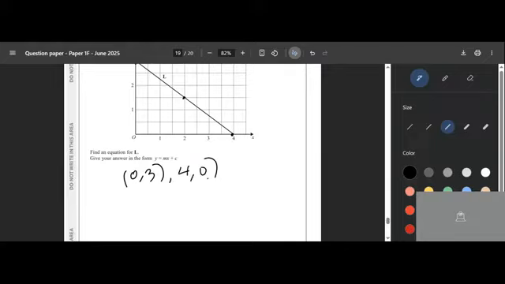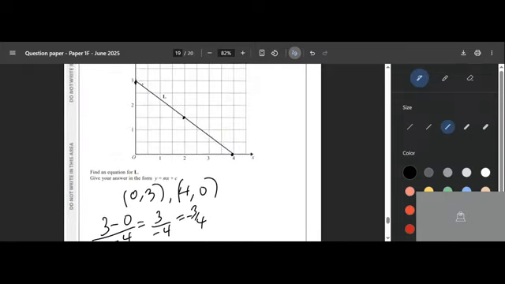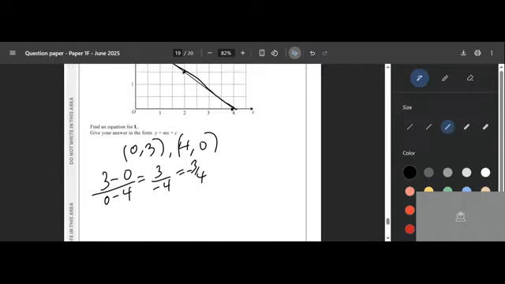4 and 0. So to find the gradient, we'll say gradient is equal to change in y over change in x, which is 3 minus 0 over 0 minus 4. So we have 3 over negative 4, which is negative 3/4. The negative means the line has a negative correlation.